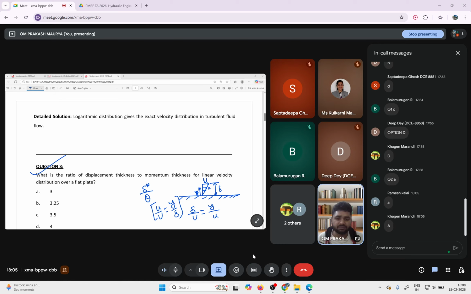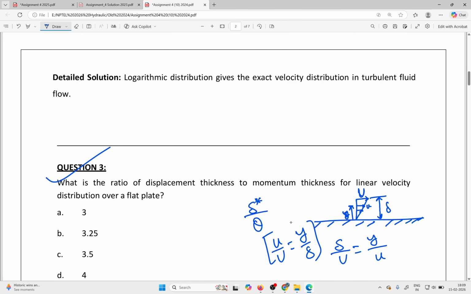For question number 3, I have given you a hint about what is the meaning of linear distribution. Now one thing is remaining here, then you will understand more. This is your laminar boundary layer.